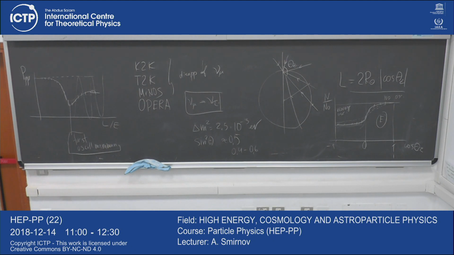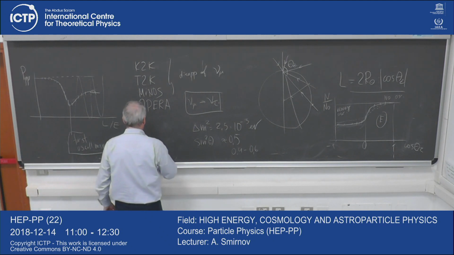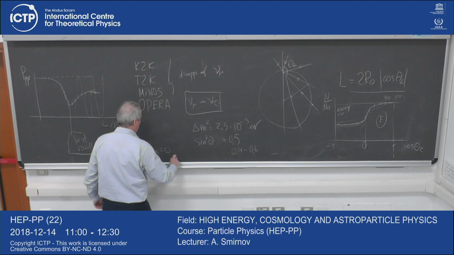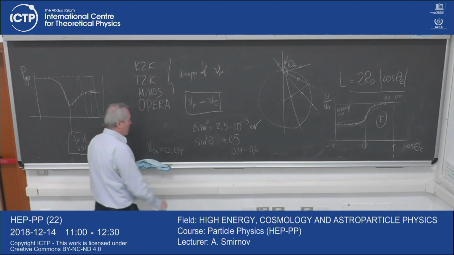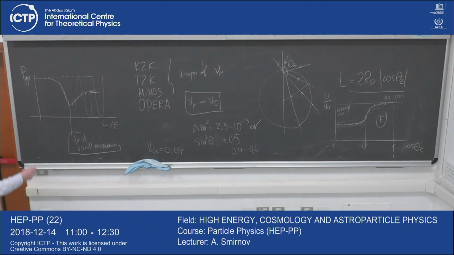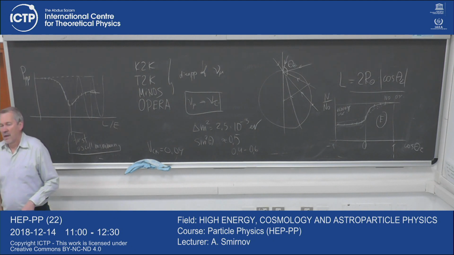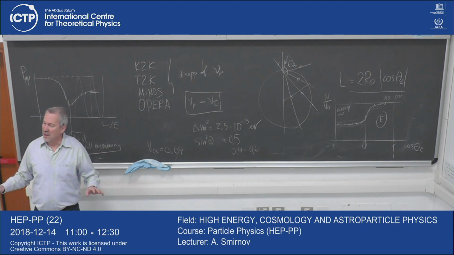Quark mixing between the second and the third generation, as you remember, is given by V_cb, and V_cb is 0.04. So if you want an analogy, you need to square this and multiply by a factor of 4. Very small mixing in the quark sector, and very big mixing in the lepton sector.